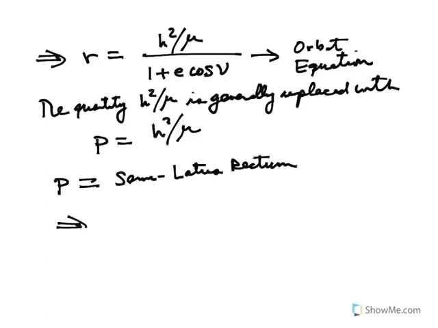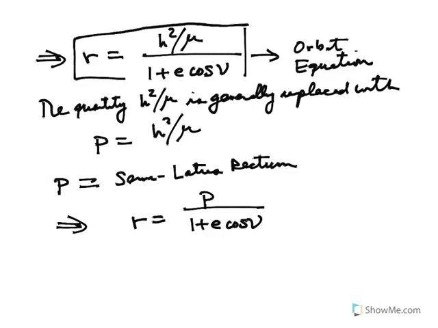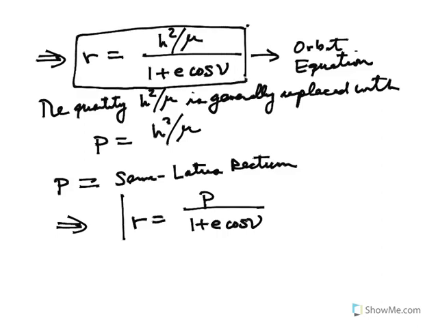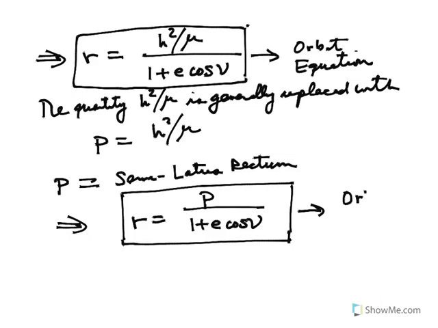And in terms of P, we get that R is equal to P over 1 plus E cosine of nu. So this is the original form of the orbit equation, and this is the one that is obtained after the substitution in terms of the quantity P. So this is the orbit equation, written again just in terms of P.